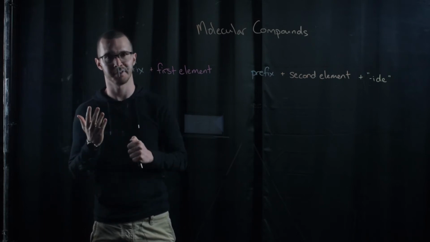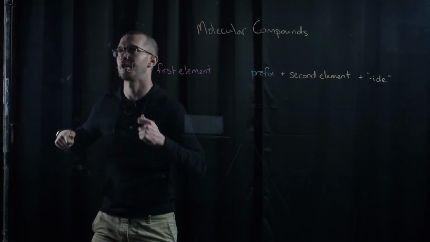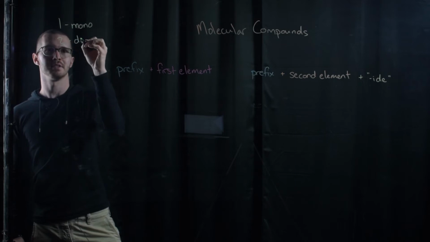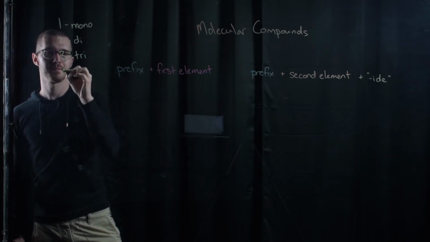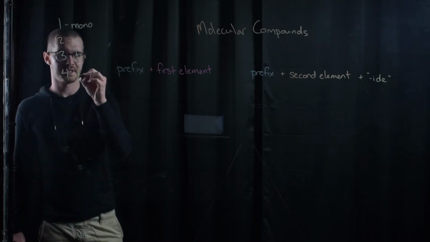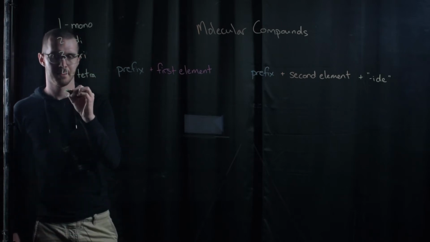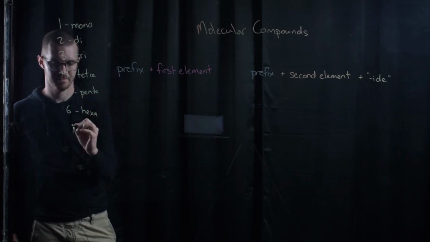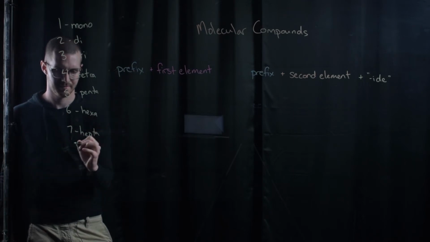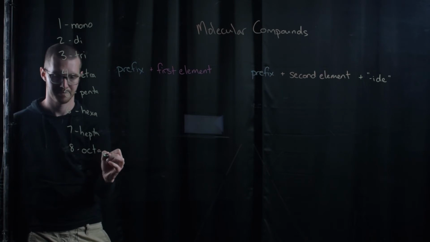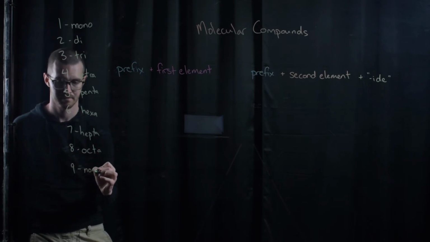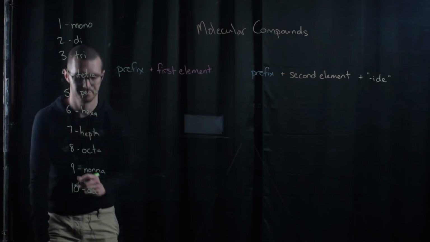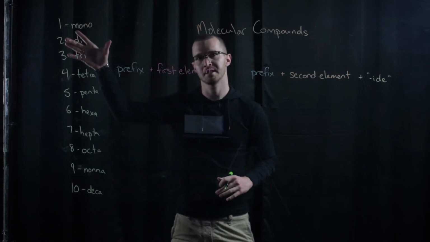Now, we use special prefixes, which you'll be familiar with, starting with 1, which is mono, 2 is di, 3 is tri, 4 is tetra, 5 is penta, 6 is hexa, 7 hepta, so these are the prefixes that we use according to the number.